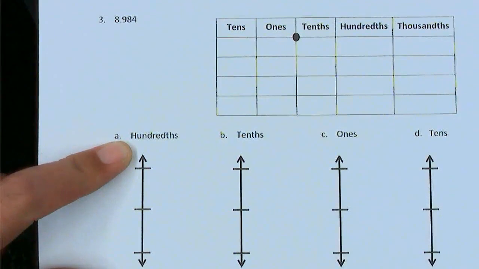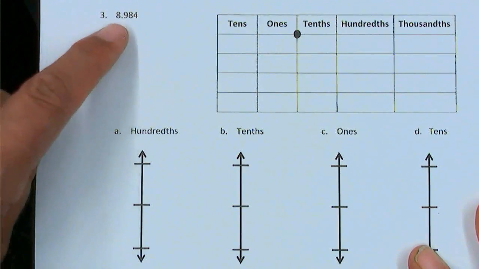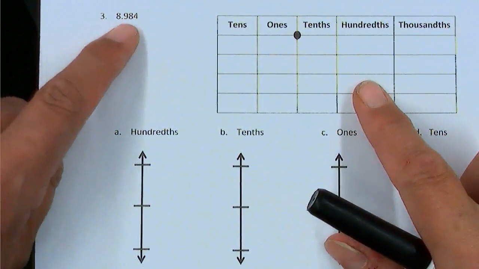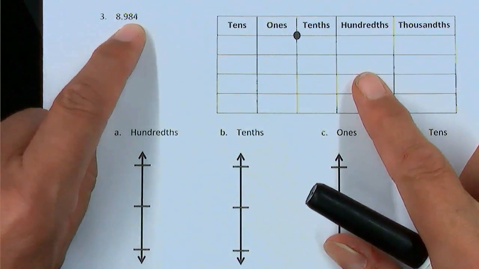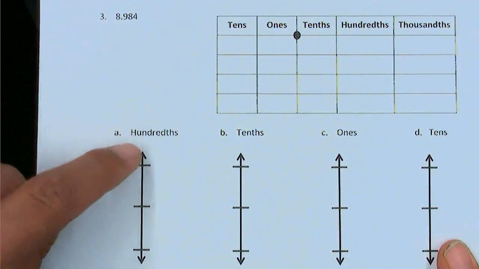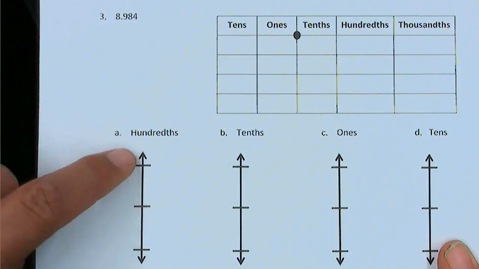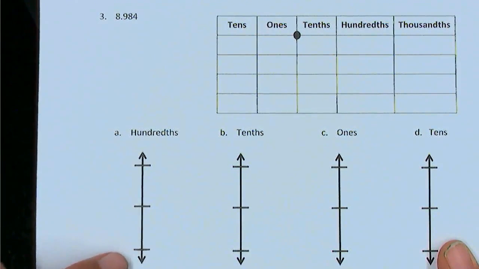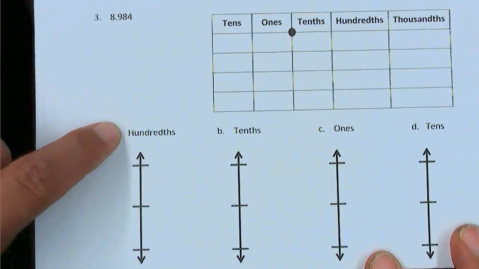If it's a 5 or bigger, then you're going to round the part up here, right? So if you had 898 hundredths, you only have a 4 in the thousandths place. Is it going to go up to 899 then? Or is it going to stay at 898 hundredths? Because you're rounding to the hundredths place.